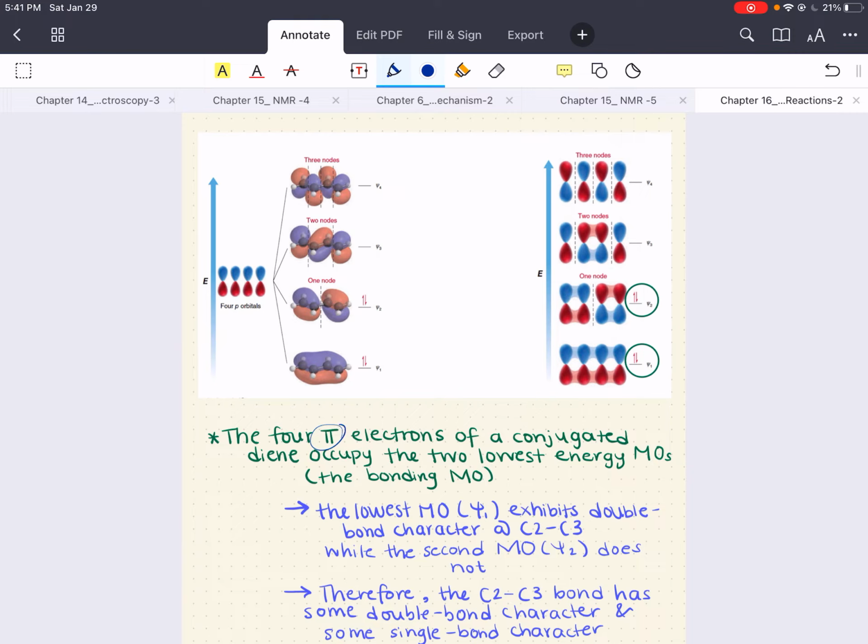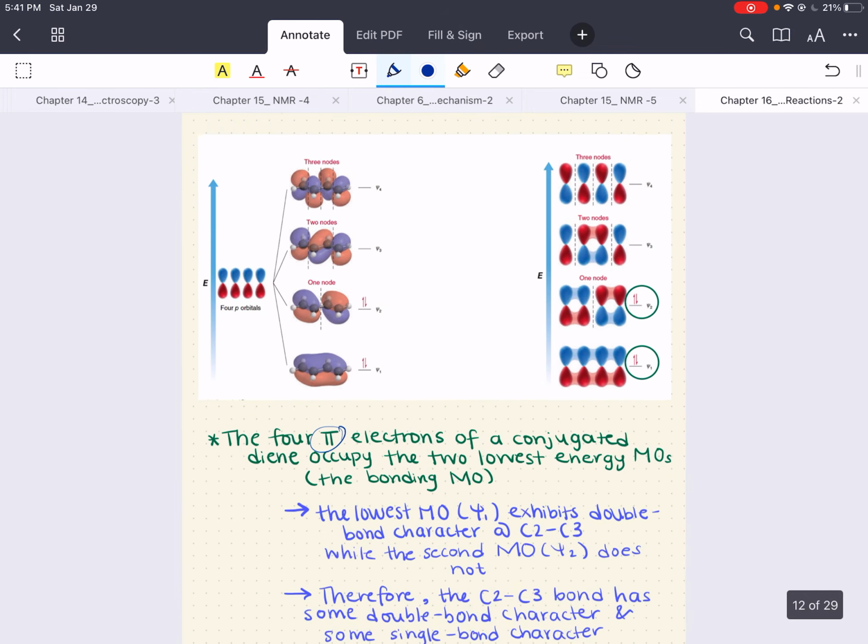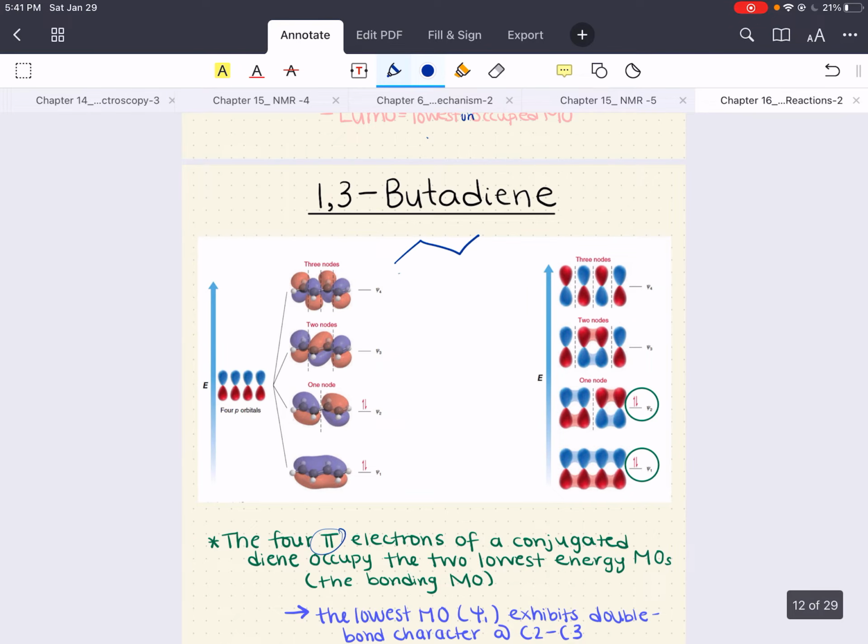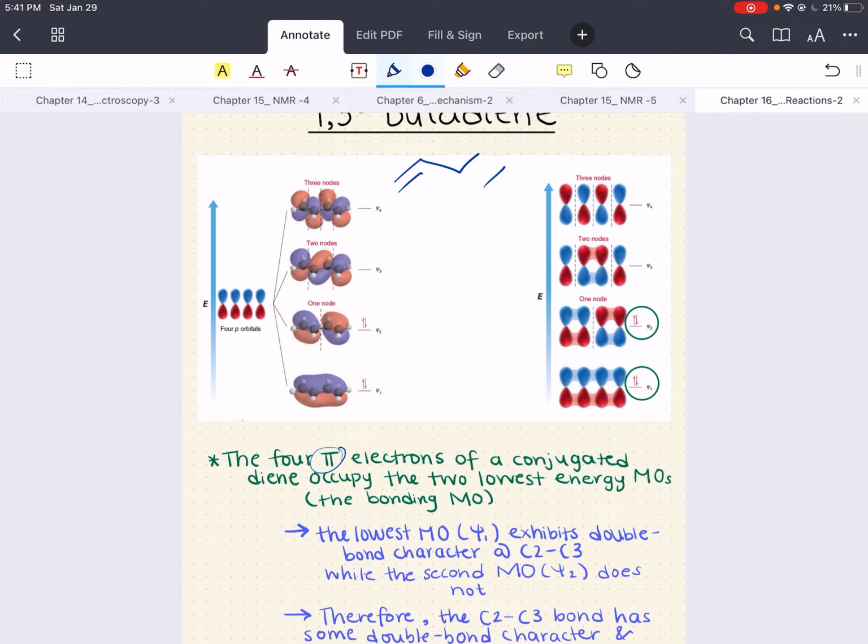Now, you can also make a few more notes. The 4 pi electrons of a conjugated diene, the one that we looked at, 1,3-butadiene, occupy the 2 lowest molecular orbitals. These 2 lowest molecular orbitals are our bonding molecular orbitals.